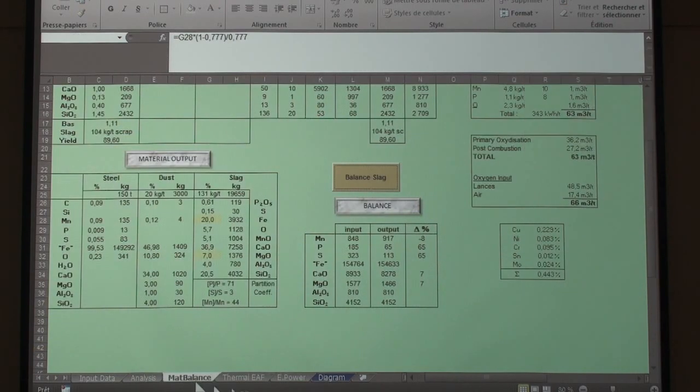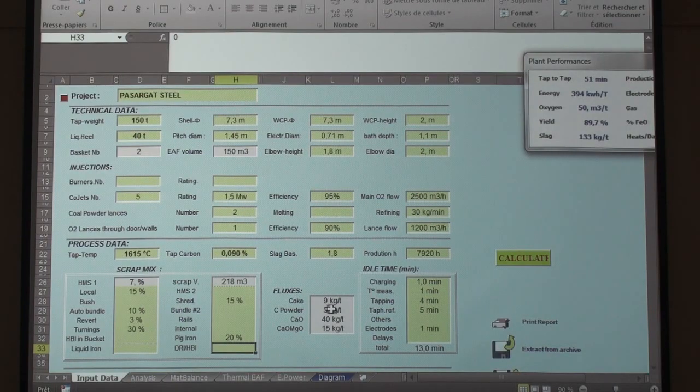You see my material balance is unbalanced. So I balance it again. And you see I have decreased the carbon amount. That means the carbon contents in the pig iron.